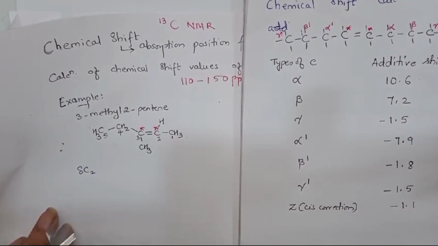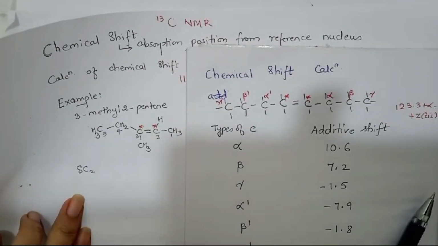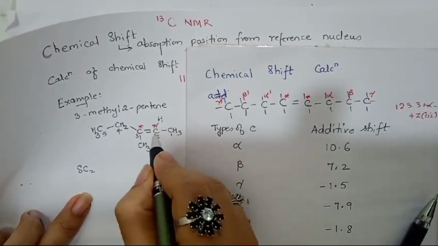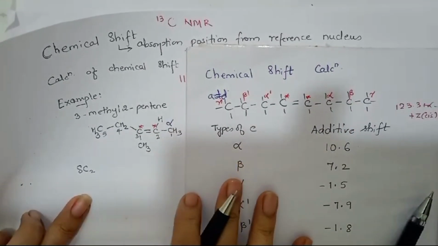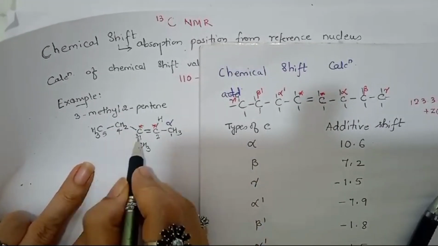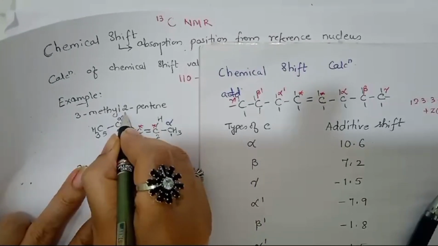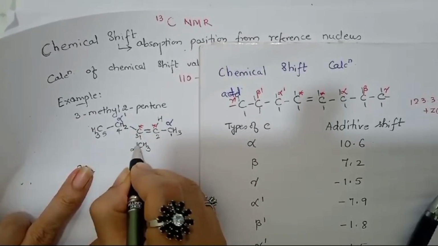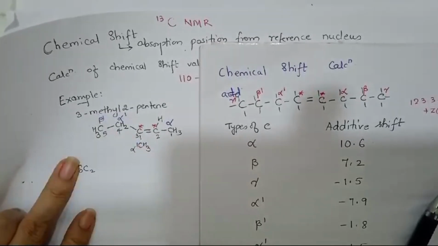In molecular formula, this one will be 6. So now C2 carbon will have 1 alpha. This side carbon, it will have 1 alpha 1. So this side also will be alpha 1. After alpha 1, this is beta 1.